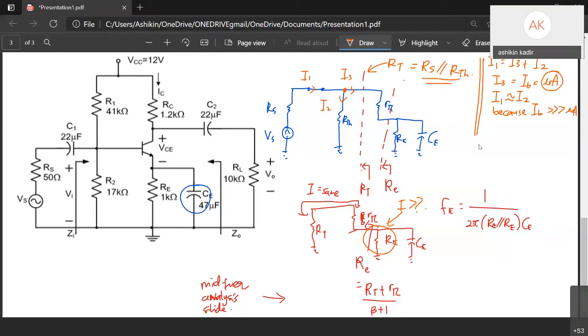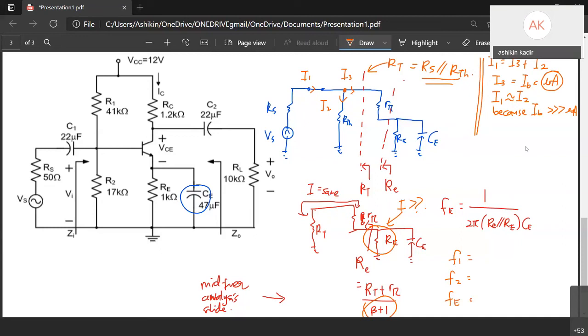However, the current that flows through R pi is different. That's why here we need to consider the beta plus one value. So that's it. Try to put the value for F1, F2, and also FE.